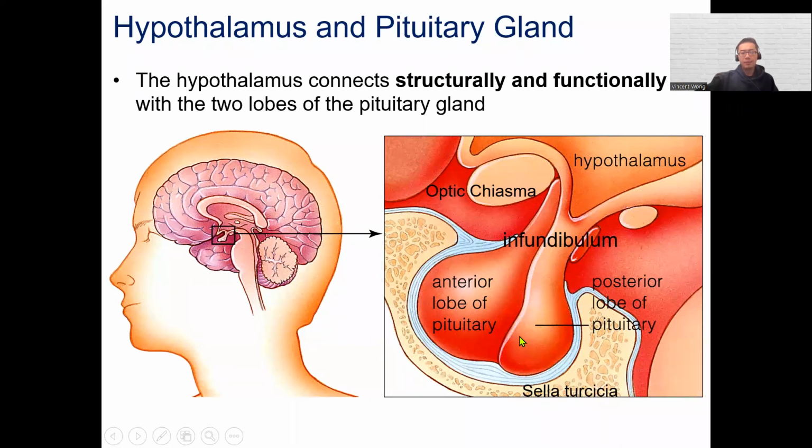This whole gland, because it's part of the brain, is going to be surrounded by your meninges, dura mater and all that stuff that we learned. And then you're going to have the sella turcica. I think that's how you pronounce it; some people say turcica. I think both are okay. That is the groove that is created by the sphenoid bone.